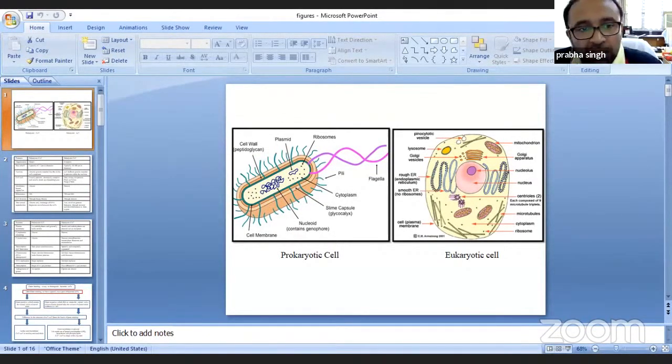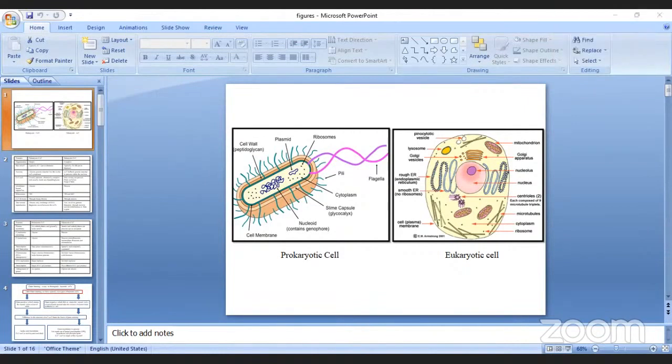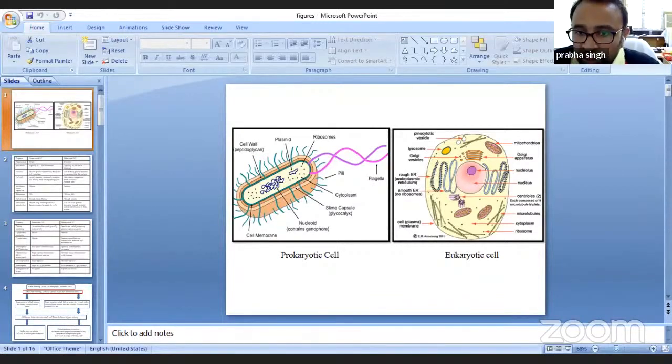So first is the difference between the prokaryotic cell and eukaryotic cell. You are very well aware that the terms prokaryotic and eukaryotic arise due to one particular organelle, that is the nucleus, right? In the case of prokaryotic cell, nucleus is absent, while in the case of eukaryotic cell, nucleus is present.